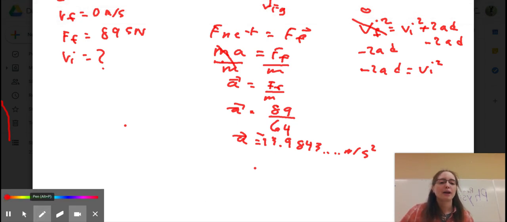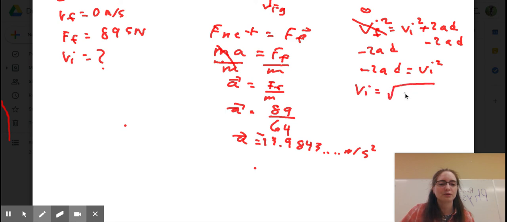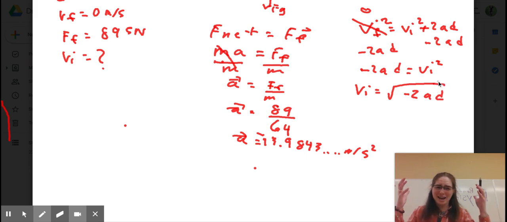Select pen tool. So your VI is going to equal the square root of negative 2AD. I think you guys are seeing the problem. We're taking the square root of a negative. We can't do that. Yes, you can, because our acceleration is negative.